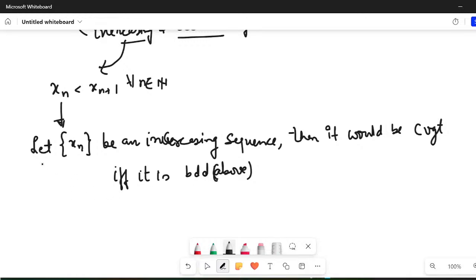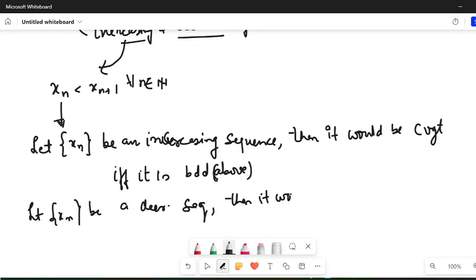And if I say the same, let xn be a decreasing sequence, then it would be convergent if and only if it is bounded below.